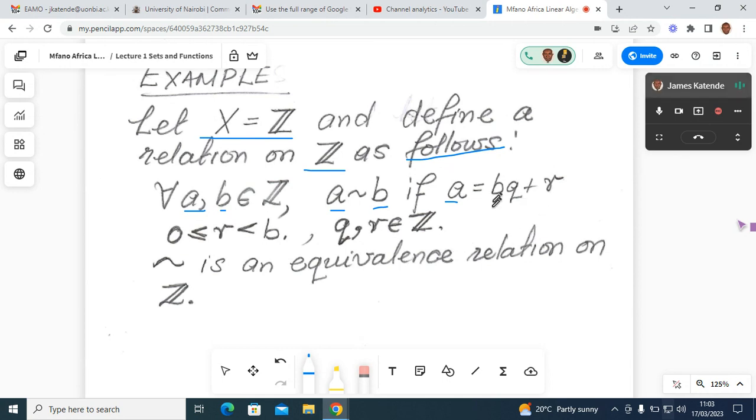a is equal to bq plus r, where r is a fixed number. Maybe I should have mentioned that. So basically, a is related to b if they have the same remainder when divided by b. Just hold on.